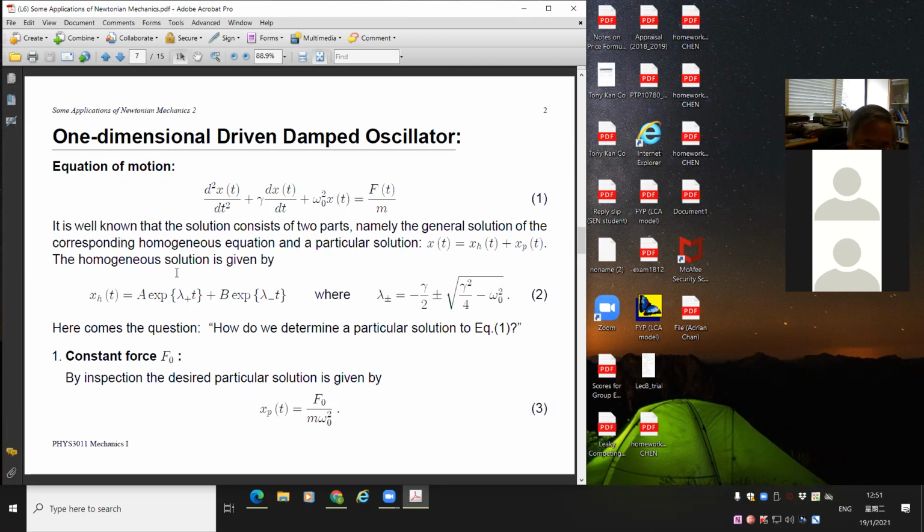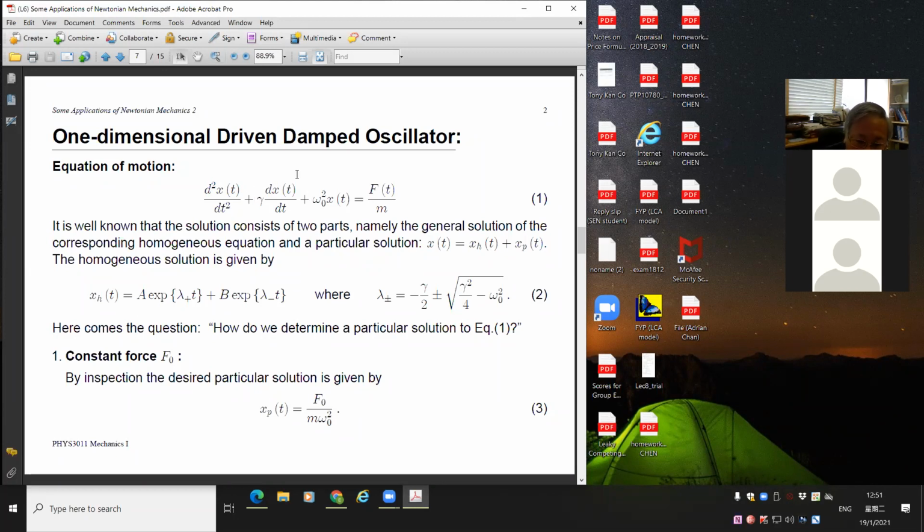What is the homogeneous solution corresponding to this problem? It must be in exponential form, right? This general solution consists of two independent solutions. Each of them has the exponential function form. Why?